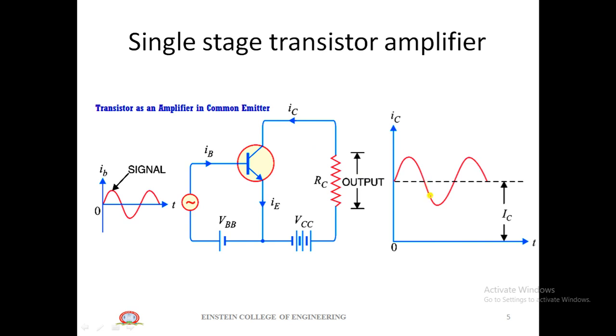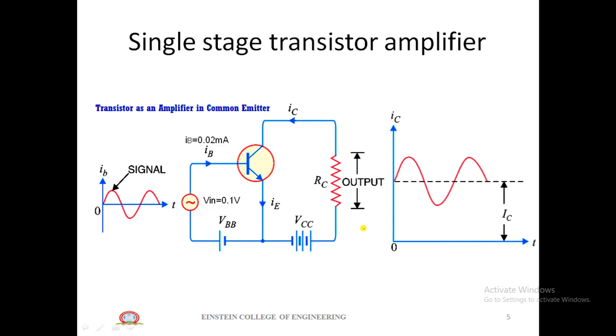So we get the voltage in this way. Thus, the weak input signal is converted into a stronger, that is larger, output signal. This is how the amplifier works.